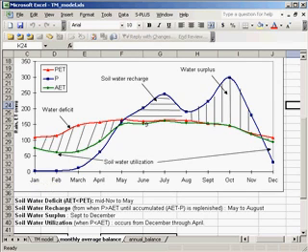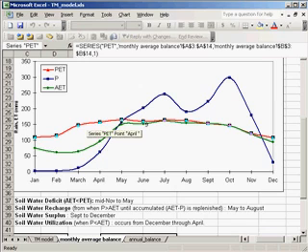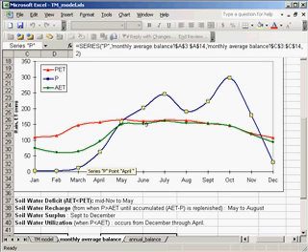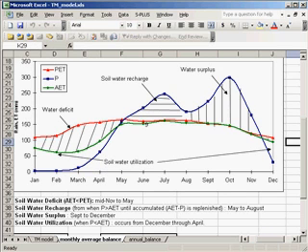So these data points, for example, for Jan, are the average of January data over all the years. Now the red line is potential evapotranspiration, the green line is actual evapotranspiration, and the blue line is rainfall, in this case monthly rainfall.